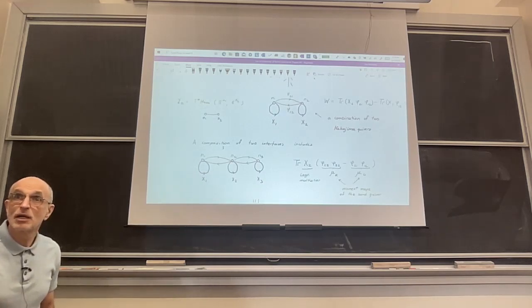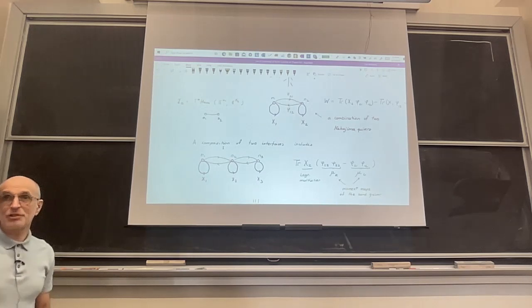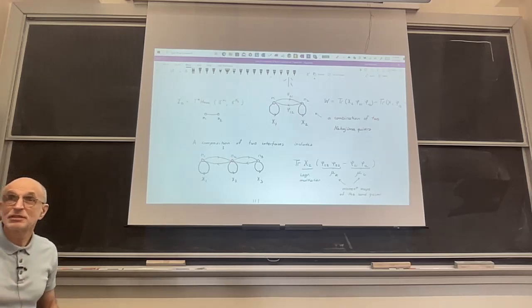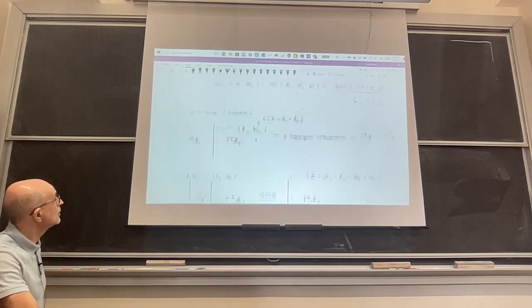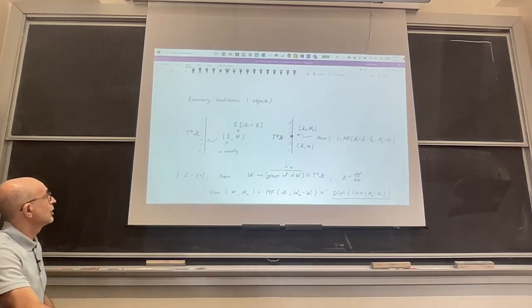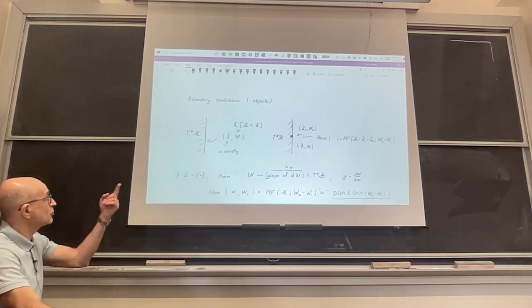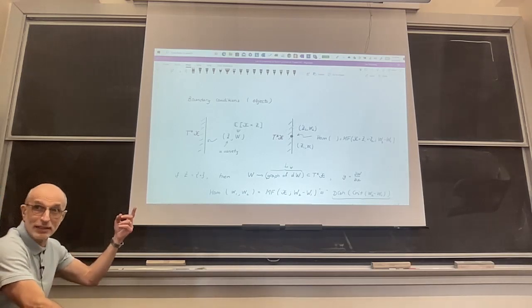So W defines the Lagrangian subvariety, as in classical mechanics, a generating function. For example, if you have T star X and two Lagrangian subvarieties, the boundary condition is a Lagrangian subvariety.